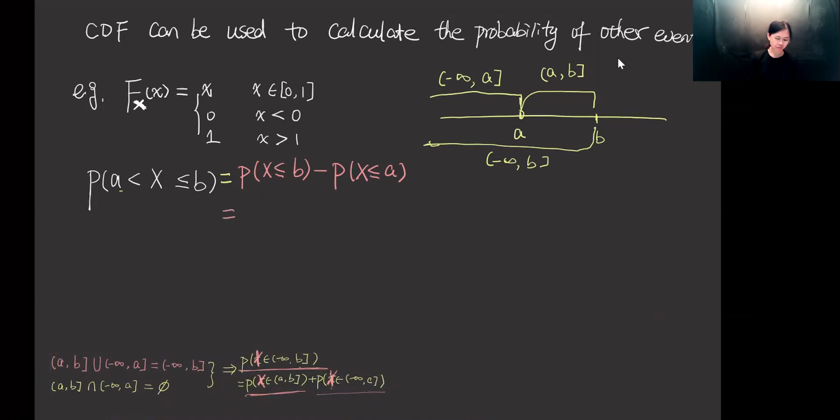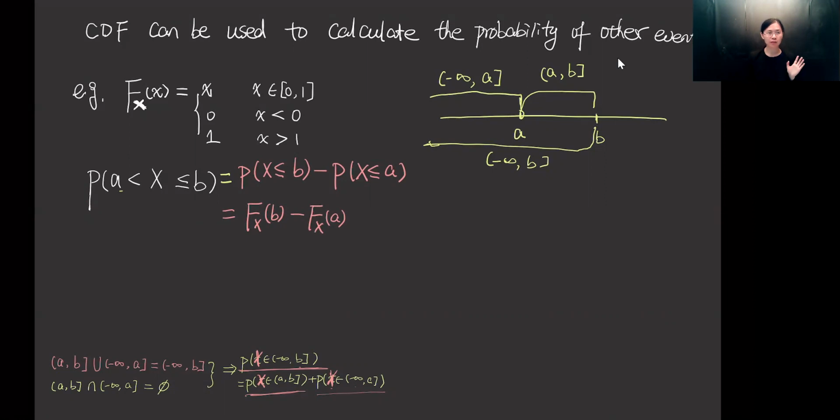And by the definition of cumulative distribution function, this is the CDF evaluated at b minus the CDF evaluated at a. So this is how you use CDF to calculate the probability of other events.